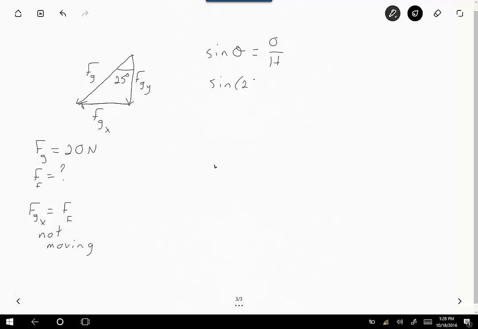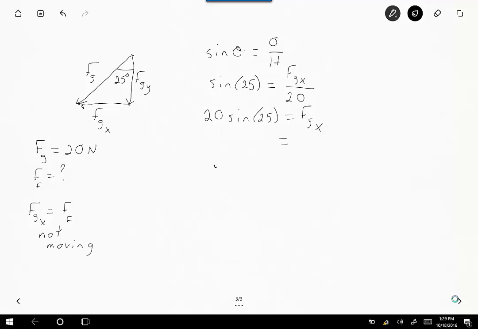So the sine of 25 is equal to Fgx over Fg, which is 20. So I can rearrange this and say that 20 times the sine of 25 is equal to Fgx.